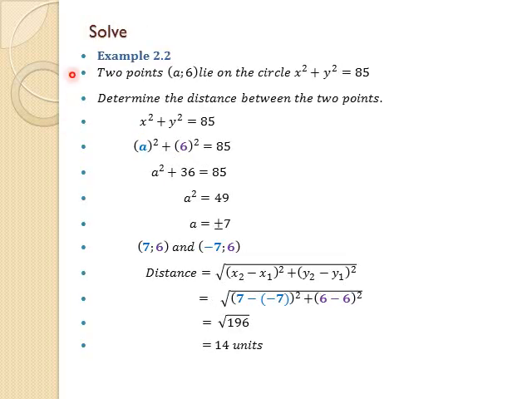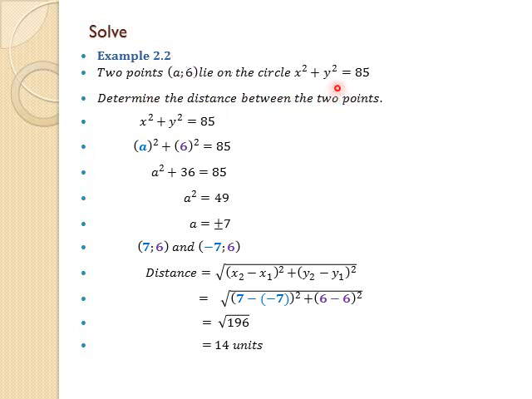So the distance between those 2 points is 4 units. Right, the next problem. In the second example, we have 2 points, a and 6, that lie on the circle x squared plus y squared equals 85. Now, instead of assisting you, it just says, determine the distance between the 2 points.